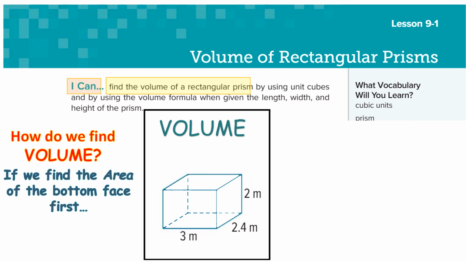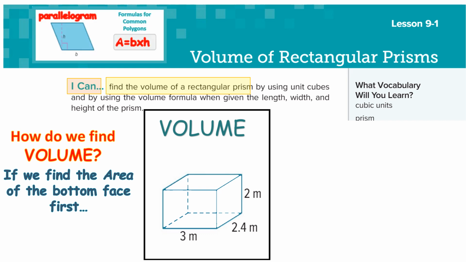So when I have my rectangular prism and I find the area of the base, I have my 3 times my 2.4, right? The area of a parallelogram is base times height. Since it's a three-dimensional shape, they give them different labels of length and width, but they're still located in the same place to find the area of that parallelogram.